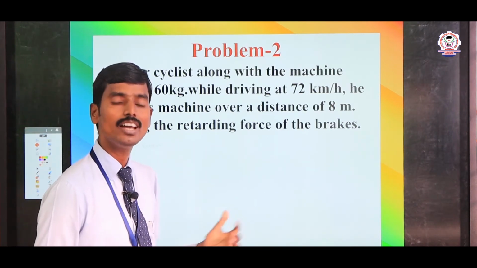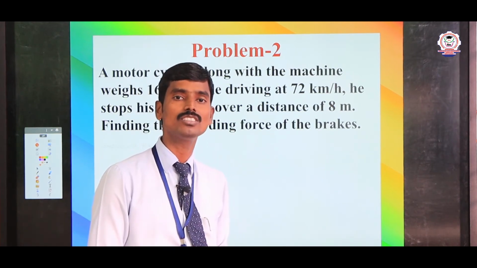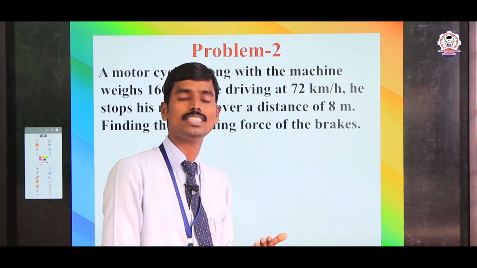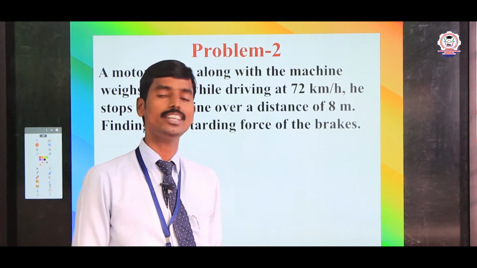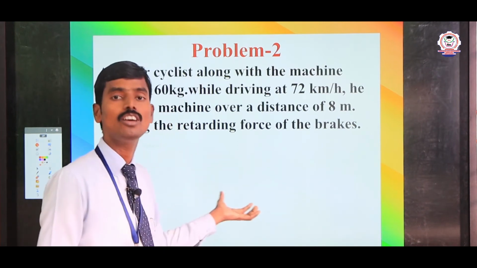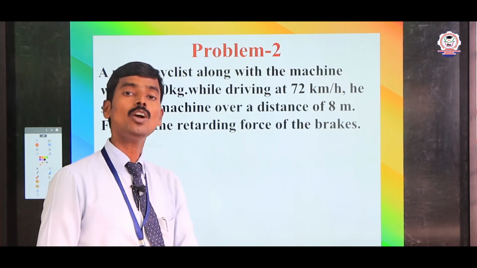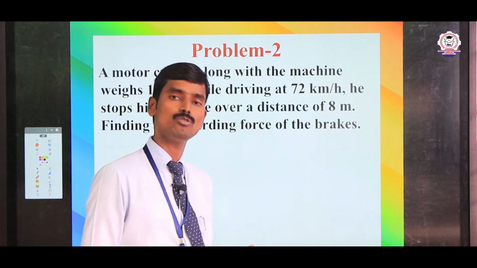See here, retarding force or retarding acceleration. What is the meaning of retarding force? Acceleration in the opposite direction is called deceleration, and deceleration we also call retardation. You are asking for the retarding force. First find the deceleration, then multiply by mass, and at that time we get the retarding force.